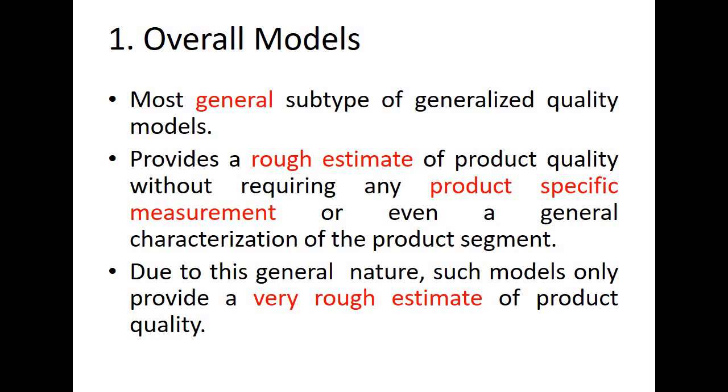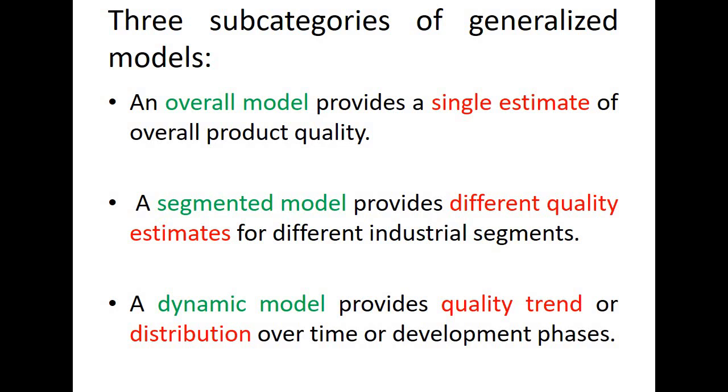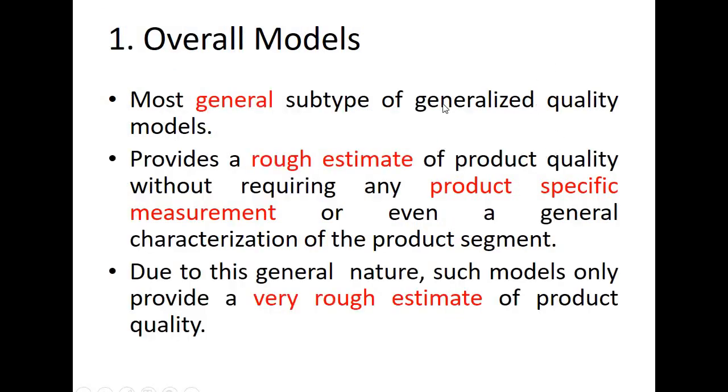This is a very general, generalized quality model. And as we said, it gives you a single estimate of overall product quality. It gives you a very rough estimate without requiring any product specific measurement or even a general characterization of the product segment.